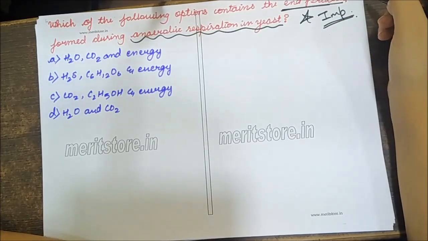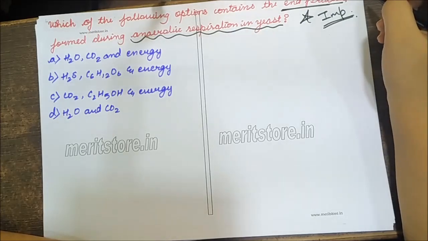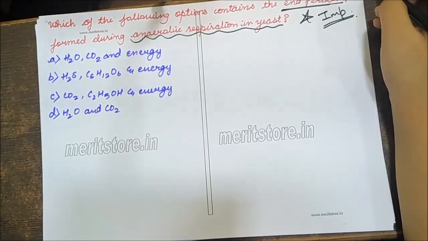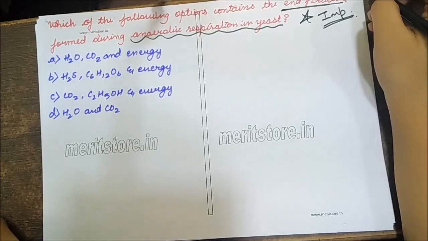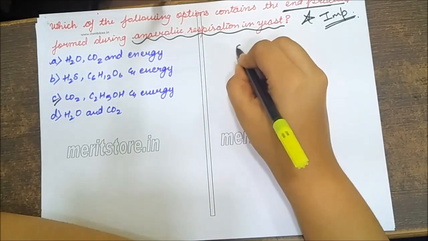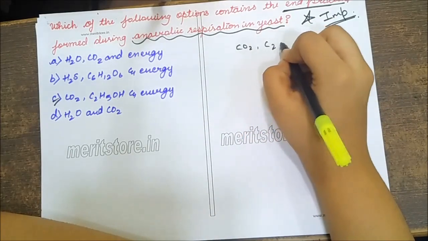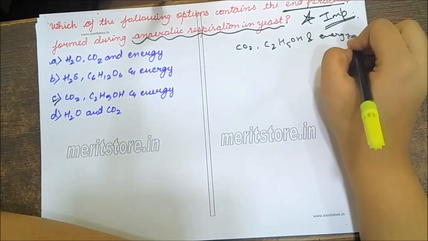The options are H2O, CO2 and energy; H2S, C6H12O6 and energy; CO2, C2H5OH and energy; or H2O and CO2. And the right answer for this is CO2, C2H5OH and energy.